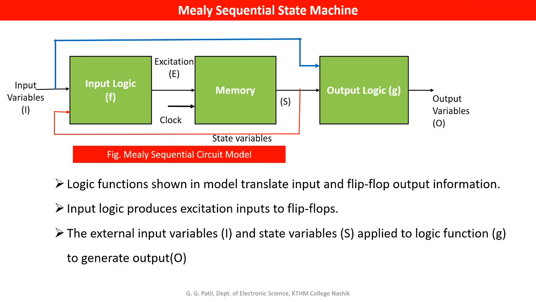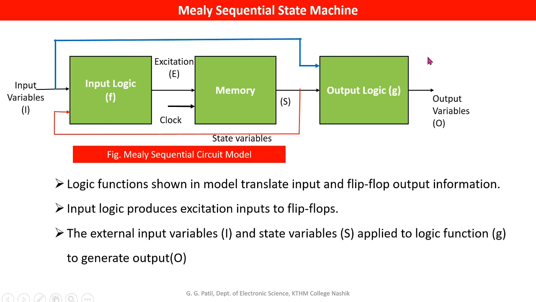So, we'll see the two types of sequential machines, a Mealy sequential state machine and a Moore sequential state machine. Here, first of all, we'll see the Mealy sequential state machine.